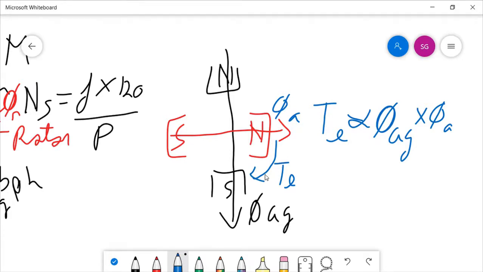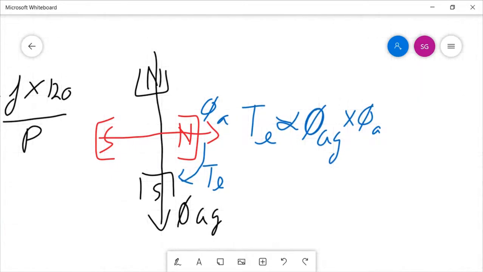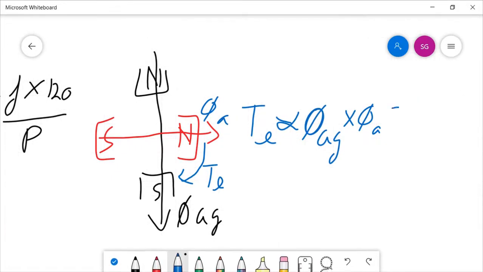And also sine delta, because delta we call the load angle, and this is the angle between this phi A and phi Ag.